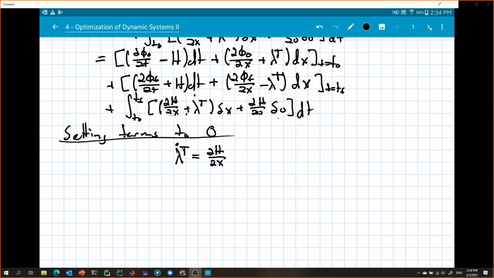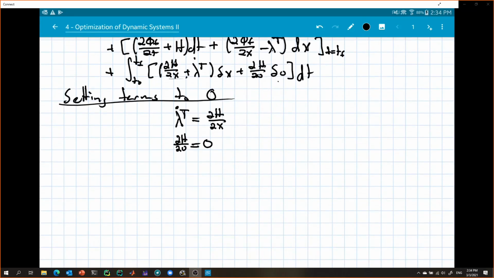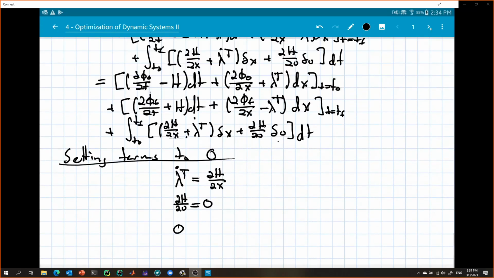And then, like before, our control law is setting the partial of the Hamiltonian with respect to u to 0. So that is the path portion.